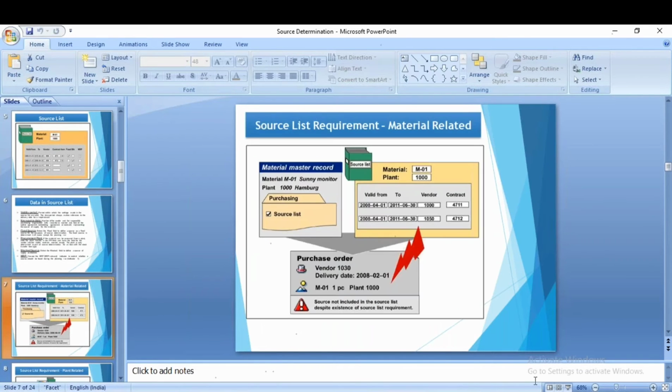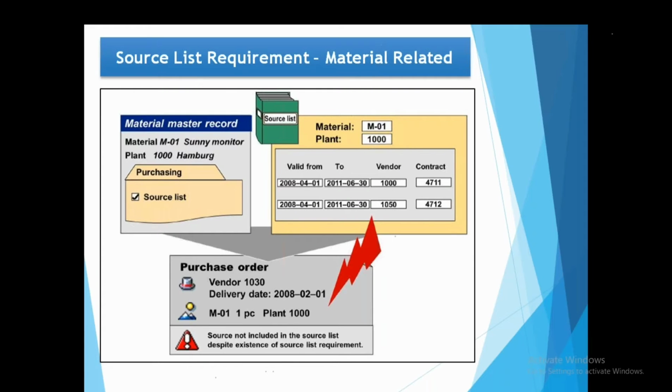Now, source list requirement. For a particular material you can maintain source list requirement at 2 places. One is the moment you activate source list requirement in the material master, you need to mandatorily maintain the source list.